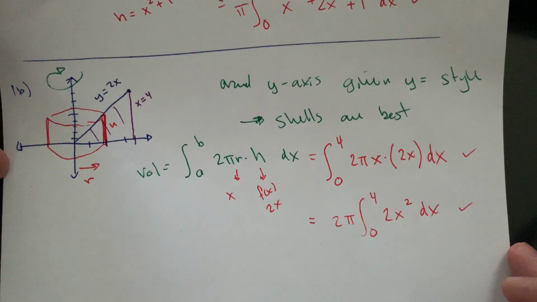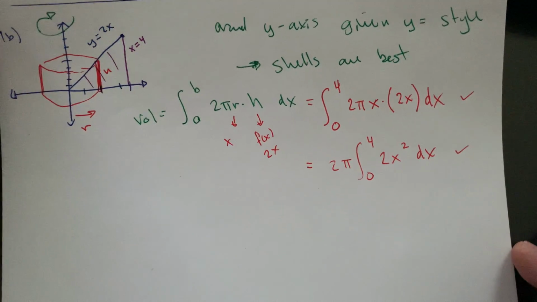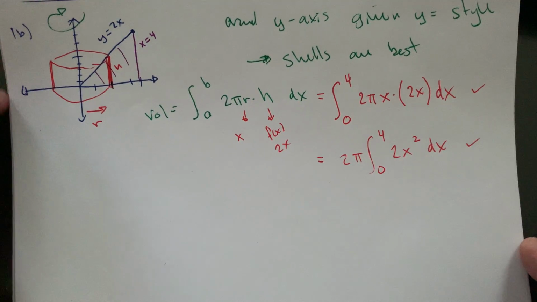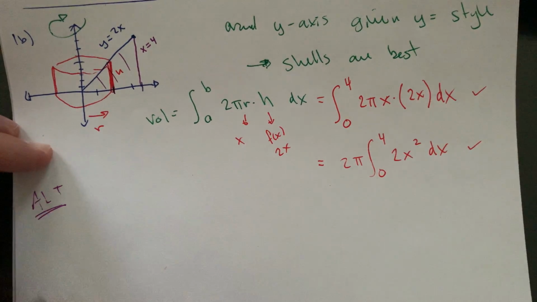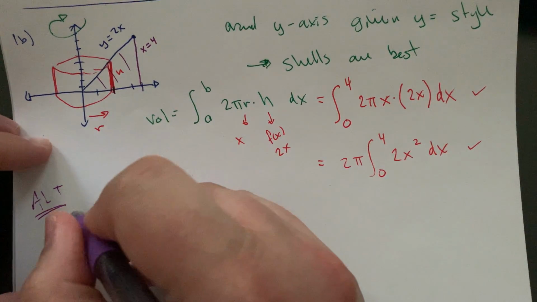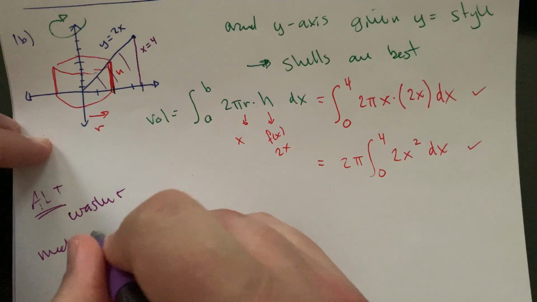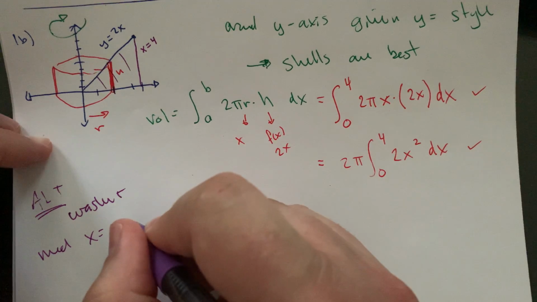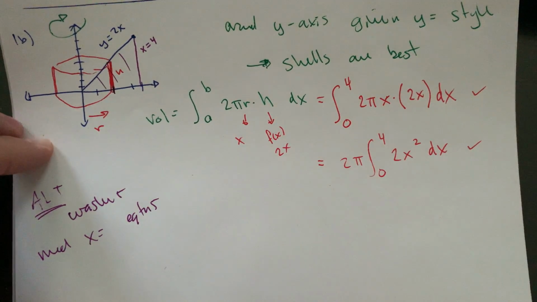All I want for the quiz is the setups, but knowing we could continue and find the volume is good. It's good to be able to do that. An alternate version here, if you wanted to do a washers style, we're going to need x equals type equations.